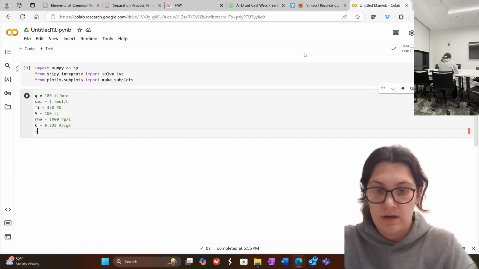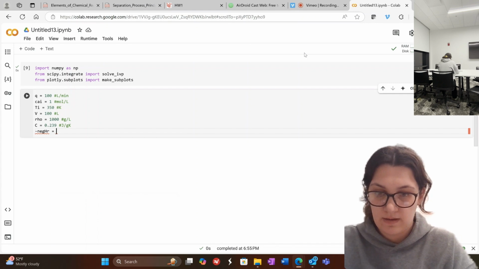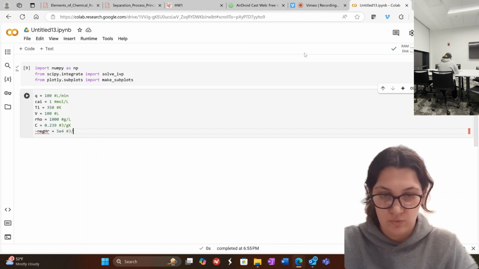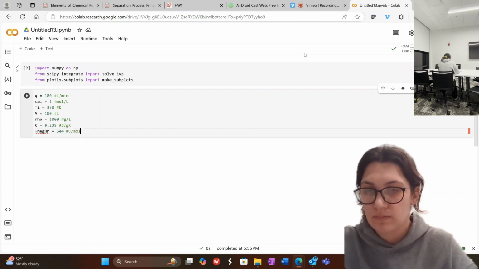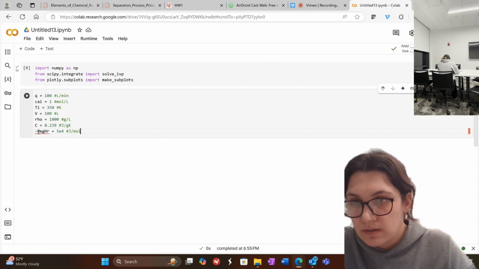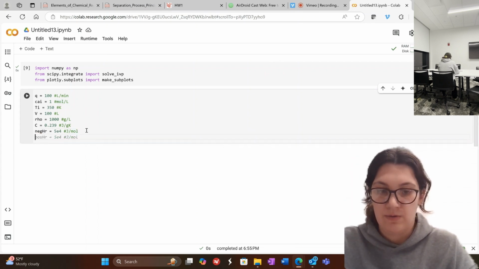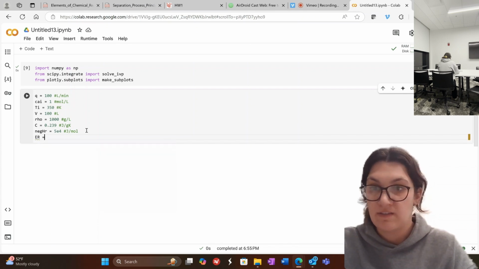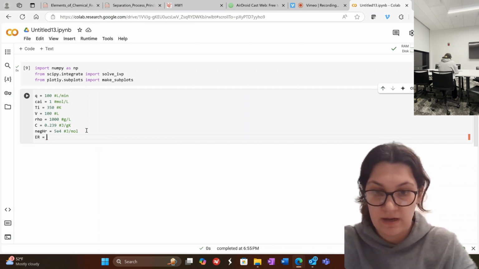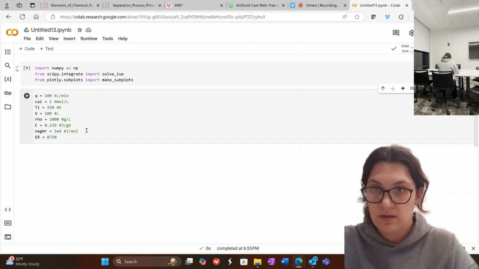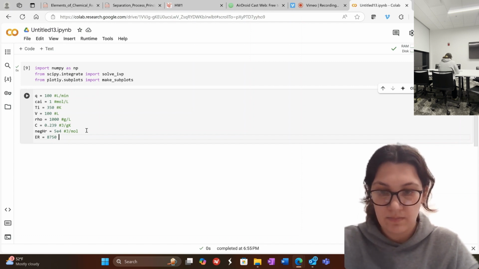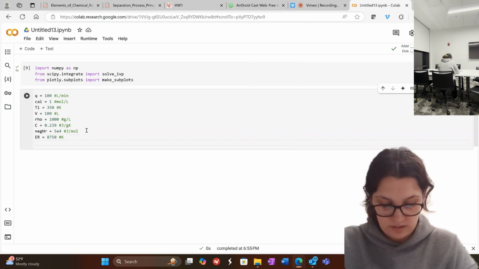Our negative heat of reaction at 5 × 10⁴ joules per mole. And then we have our E divided by R at 8,750 kelvins.